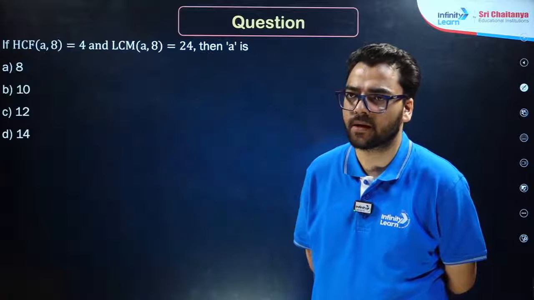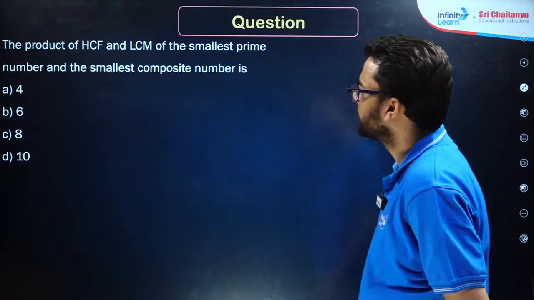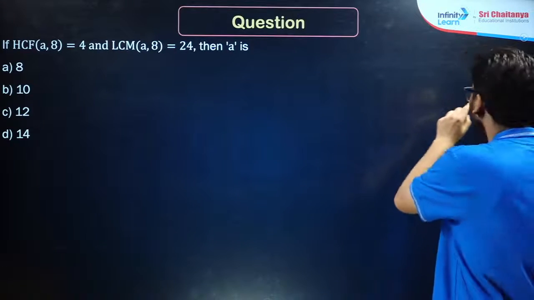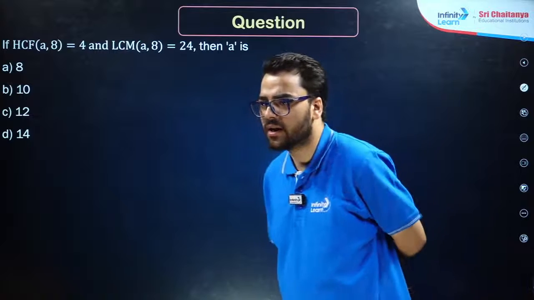Okay. So try doing this small question. HCF of 2 numbers is this, LCM is this. You have to find the value of A. It's a small question. Tell me the answer.